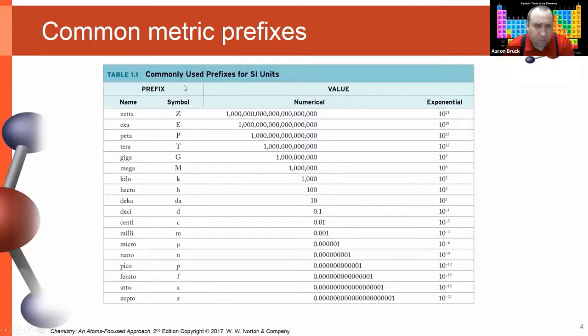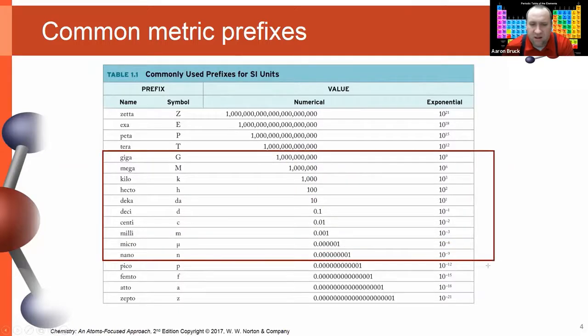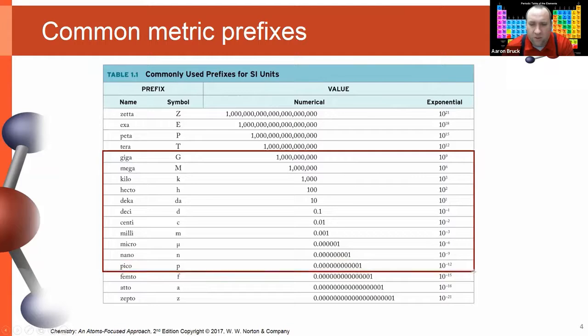But there are a number of these prefix units here that we just simply do not need to know. And so where I'd tell us to really focus our study is what we're going to put in this red box right here, from 10 to the 9th to 10 to the negative 12th, giga to pico. That is the area in which you really need to focus.